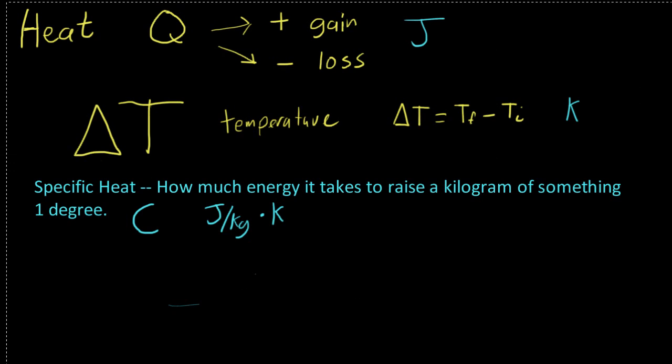Well, thinking about it, what do you think is going to be involved? What's going to affect how much the temperature changes depending on how much heat is gained or lost? Well, hopefully this makes sense. It's going to be the amount of stuff, which is mass.